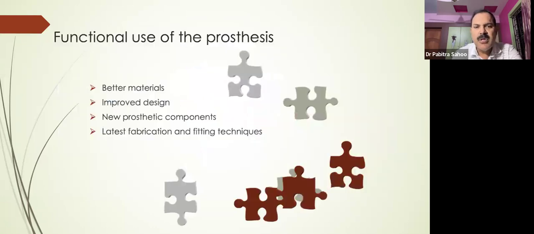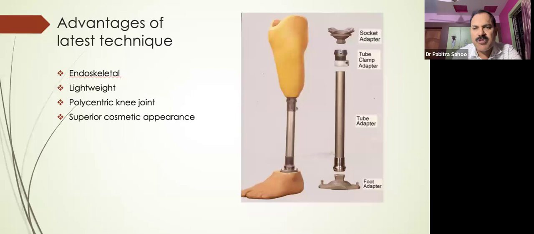So this depends upon a better design of a prosthesis with better material, new prosthetic components, and the latest fabrication and fitting techniques. Basically, we use two types of prosthesis in clinical practice. One is the conventional or exoskeletal prosthesis, and the second is the endoskeletal prosthesis.